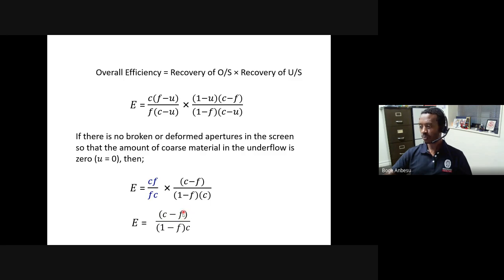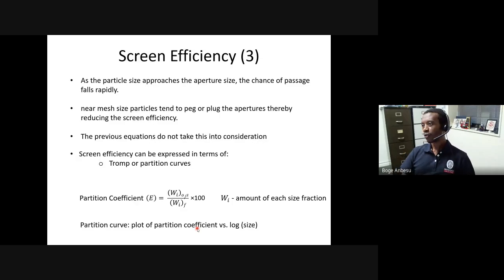And these are coarse particles in the feed, divided by 1 minus the fraction of coarse in the feed, multiplied by the fraction of coarse particles in my overflow after a screening operation. Okay, so this can be one way to work out a screening efficiency. Probably the most common screening efficiency formula we use is the so-called Tromp curve or partition curve.